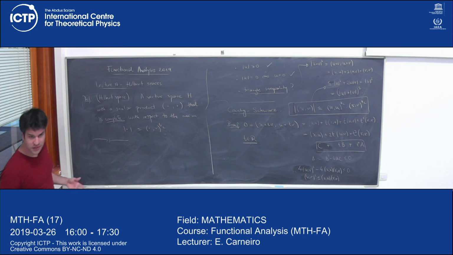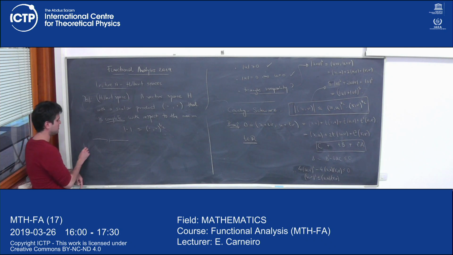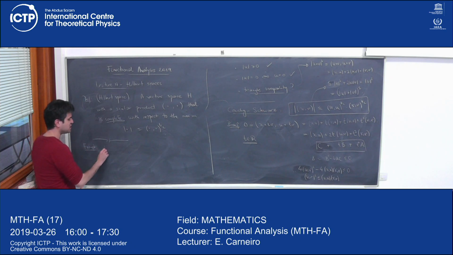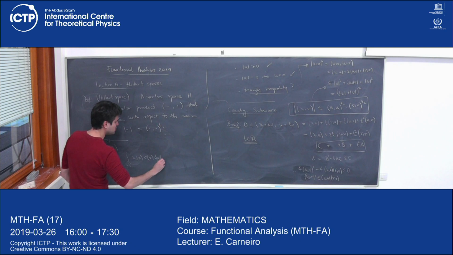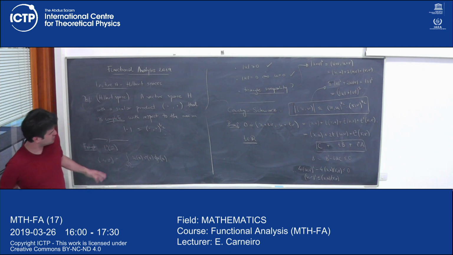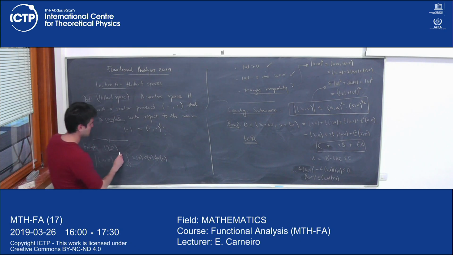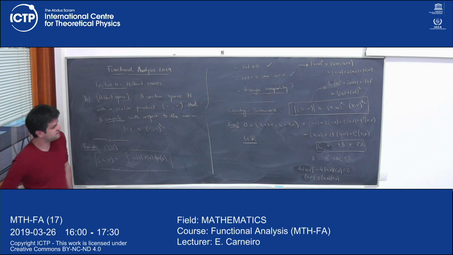I'm sure you are familiar with lots of Hilbert spaces, but the most typical example would be if you have, say, an L2 of a measure space. And here the scalar product of two functions u and v would be just the integral over omega of u of x, v of x, d mu of x. So you are in a measure space omega with a sigma algebra and a measure mu. This is the scalar product.